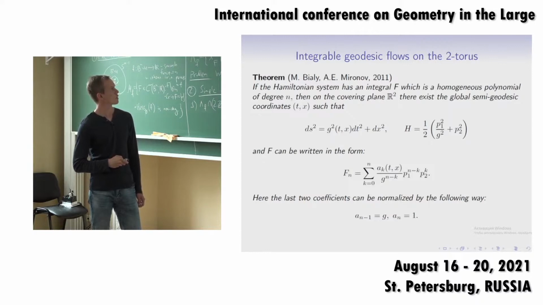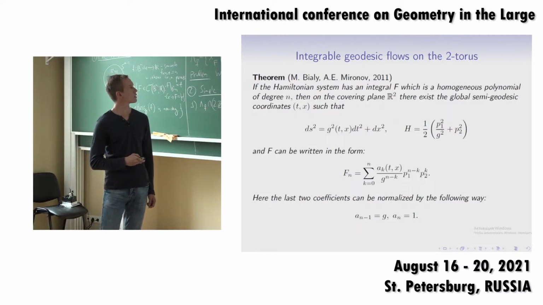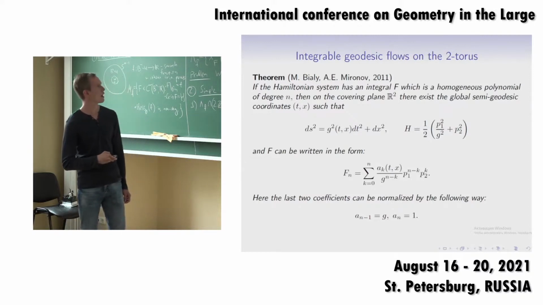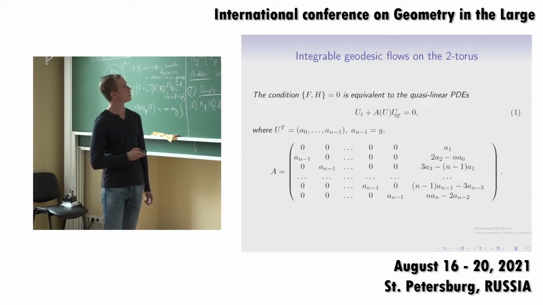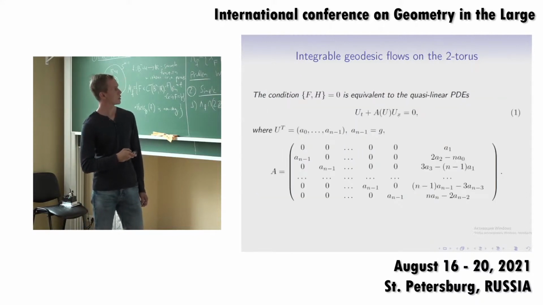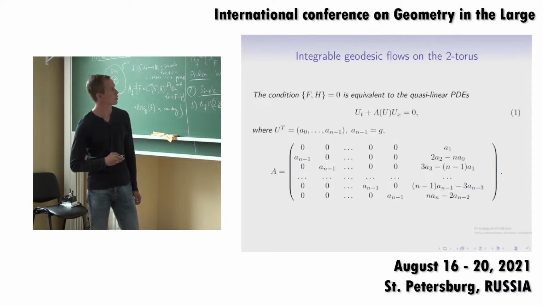They managed to prove that if the geodesic flow admits a polynomial integral, then one may introduce globally semi-geodesic coordinates. F can be written in the following form. There are certain coefficients which can be normalized in such a way, and this problem reduces to this quasi-linear system with such a matrix A. And one has to search for solutions to this system.